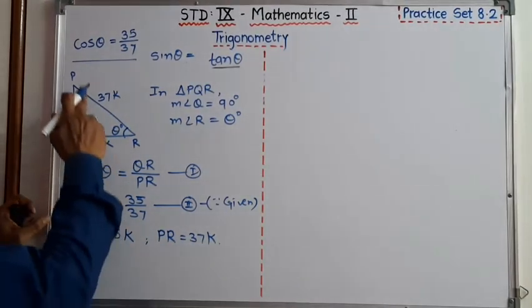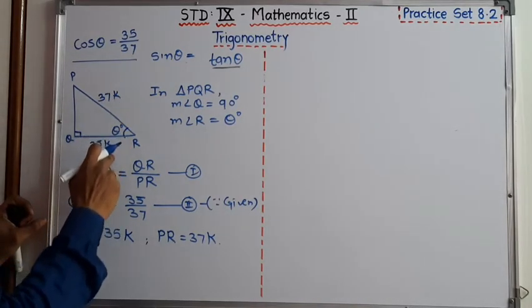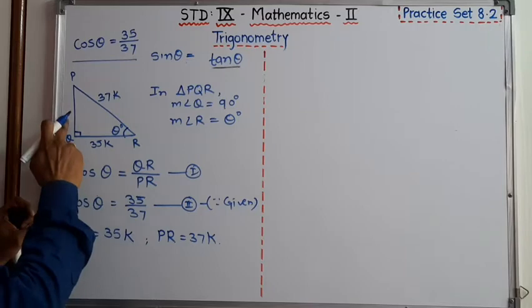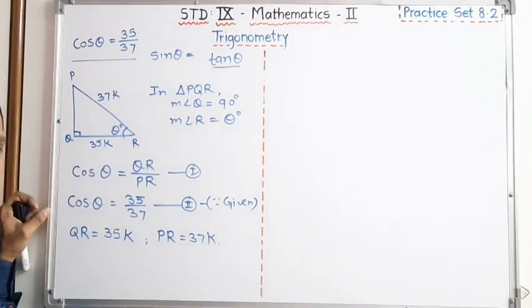Now dear student, this is a right angle triangle. We know the length of two sides of the right angle triangle, and if we have to find out the length of the remaining side, we can apply Pythagoras.